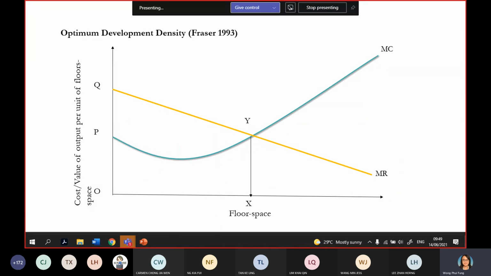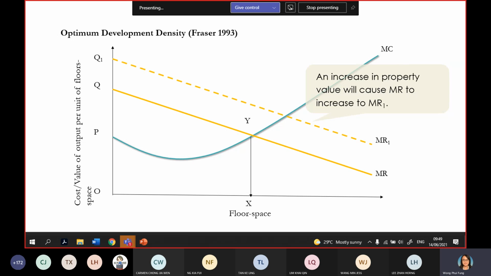Okay. And let's say if the property value increases, meaning to say that if the demand for the property increases, so many people demand houses, say for example in Sungai Long when the university moves in, so you can see that MR will increase to MR1. In that case, instead of building 15 floors, maybe they can build 20 floors, to build higher.